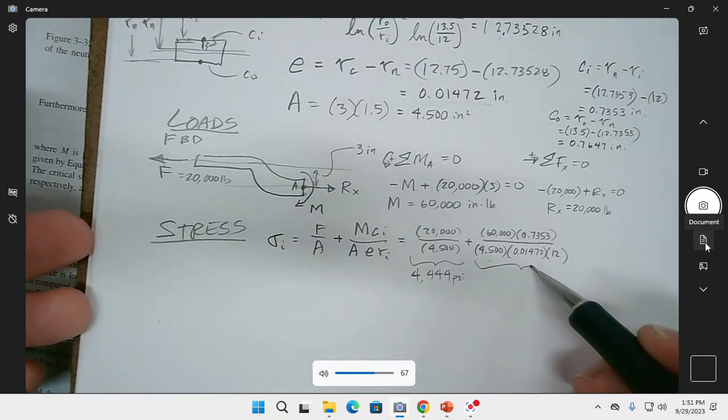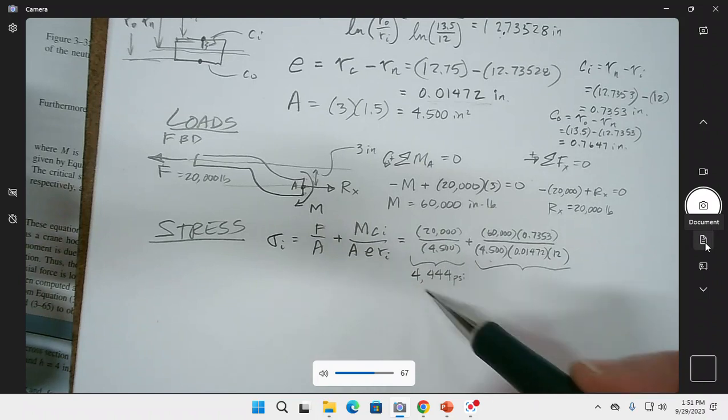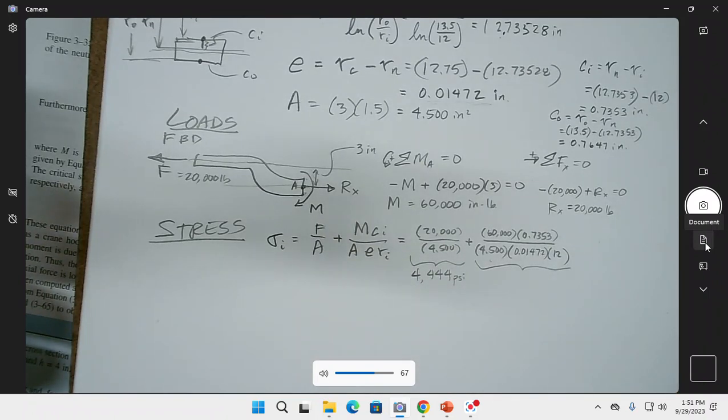And then this guy, and this is helpful because we're going to do it again, and we don't have to calculate it again. So we save ourselves a tiny amount of time. Going to go 60,000 times 0.7353 and divide by 4.5 and divide by our E of 0.01472 and then divide by 12.